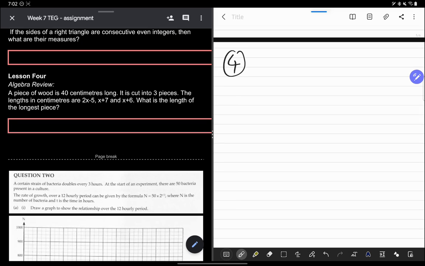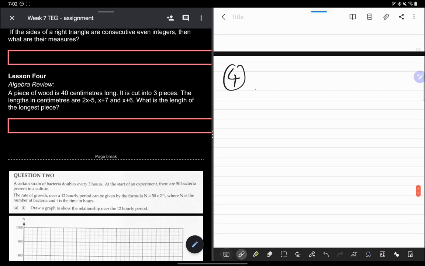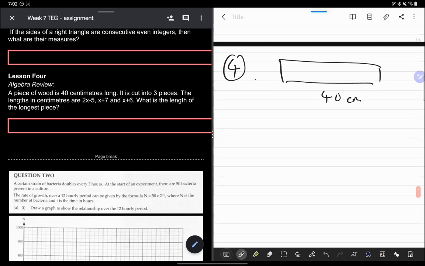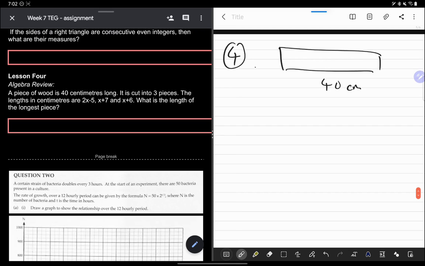Question 4. A piece of wood is 40 centimeters long. It is cut into 3 pieces. The lengths in centimeters are given as expressions. What is the length of the longest piece? Okay, cool. I have a 40 centimeter long piece of wood. I cut it into 3 pieces.